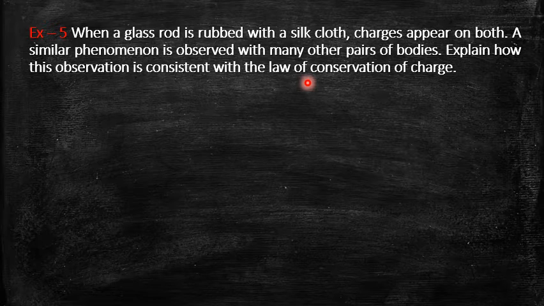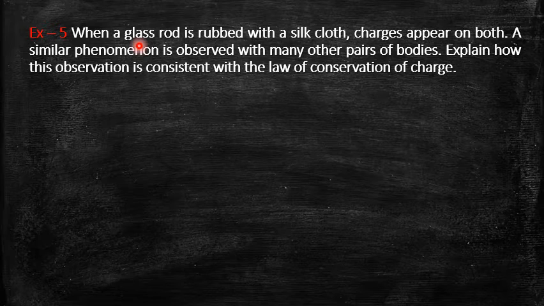Now, when you are rubbing a glass rod and silk cloth, what happens? Electrons will transfer from glass rod to silk cloth or silk cloth to glass rod. Suppose the glass rod is losing electrons and the silk cloth is getting electrons. In that case the glass rod will be positively charged and silk will be negatively charged.